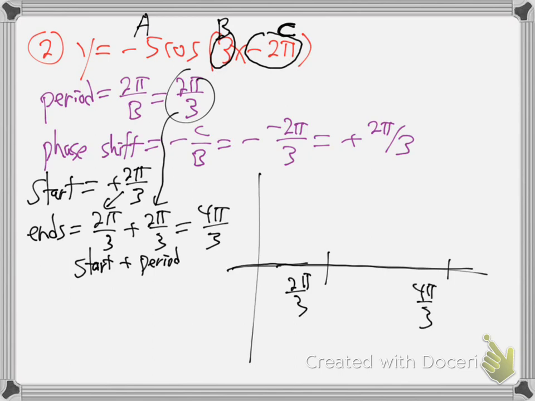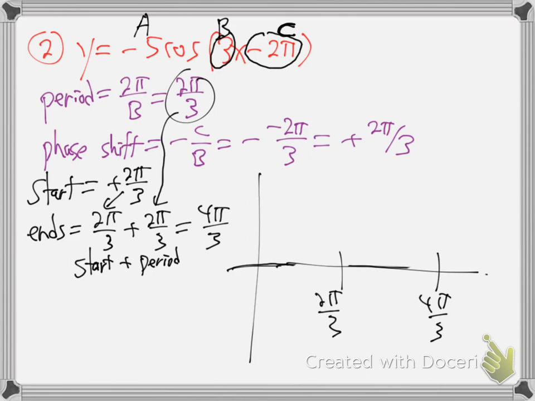I probably didn't draw that to scale very well, but whatever. 2 pi over 3 to 4 pi over 3. Okay, I should draw that a little better. So, 2 pi over 3, 4 pi over 3.